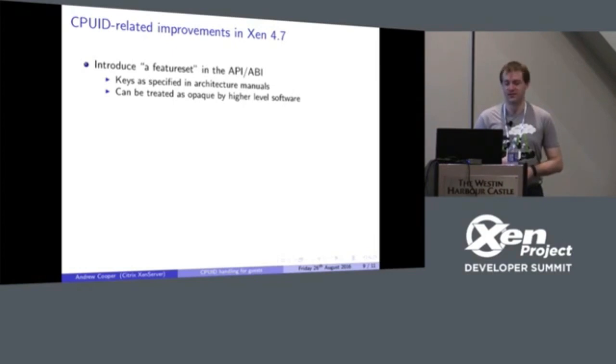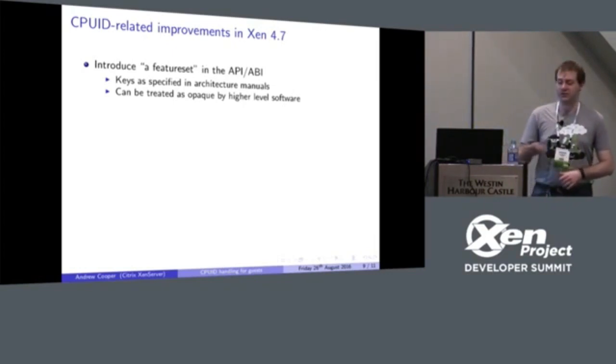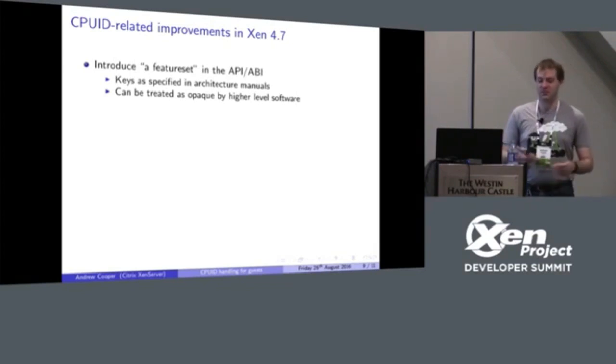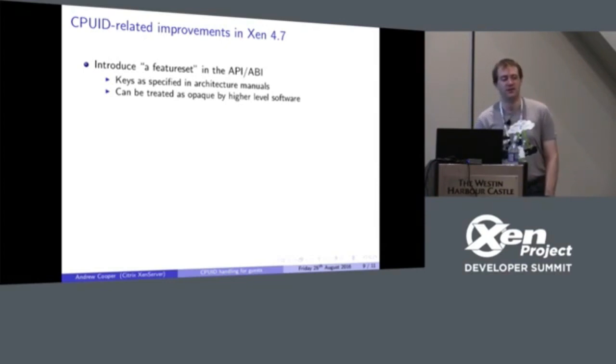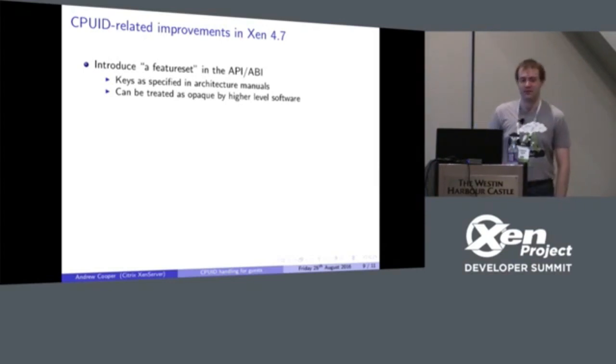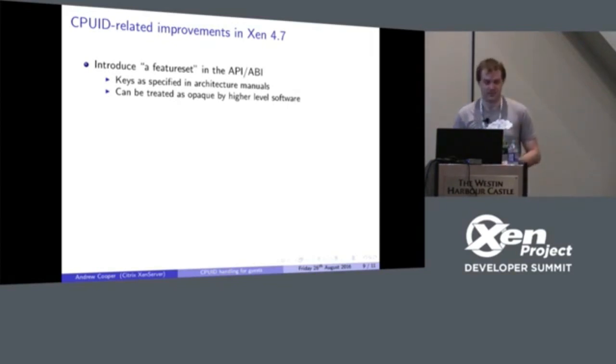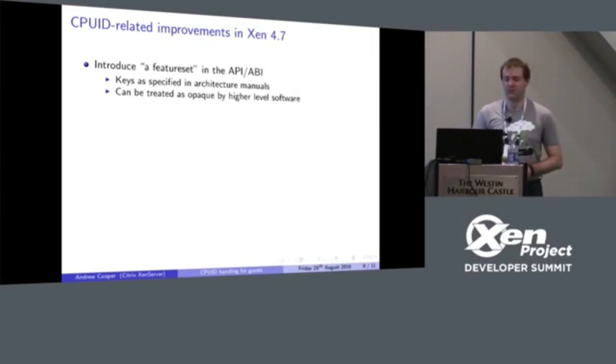It's specifically safe to zero extend, which means that the control software can do subset calculations on it without needing to necessarily care about the meaning of the bits. So the toolstack software can easily say, across my node of 1,000 computers, what's the common subset of features, and give that to every single guest. That was specifically the use case we were trying to solve.